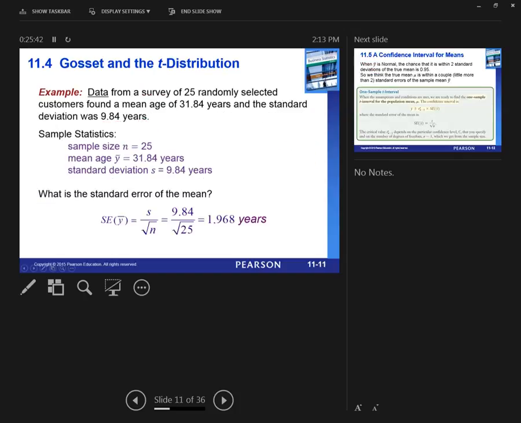And here you can see that written out. I've got n is 25, y bar is 31.84 years, s is 9.84 years.